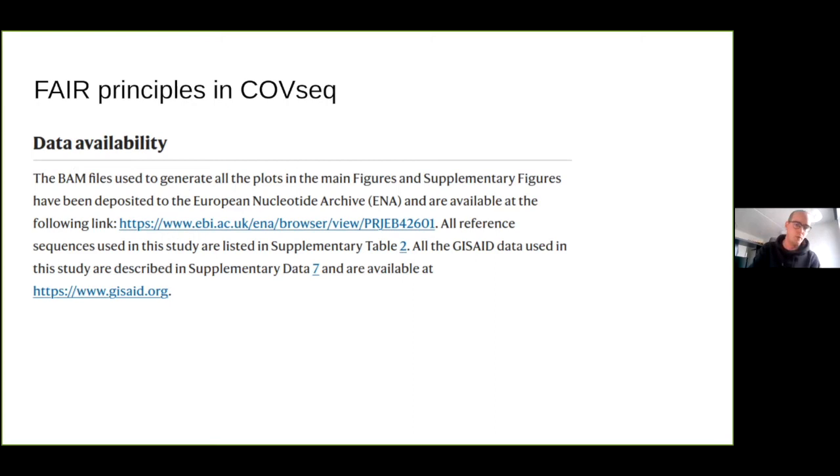So this would be due to patient information, we could not upload this with open access. So we decided to align the BAM files to the SARS-CoV-2 genome and then upload these files so it could still be open access and available for everyone that was and is still doing COVID research or needs these sequences to do their research.